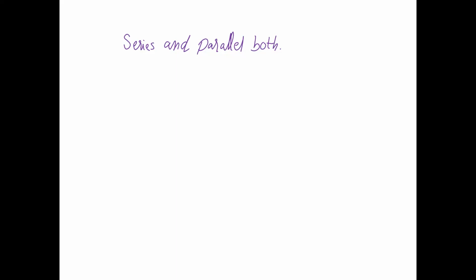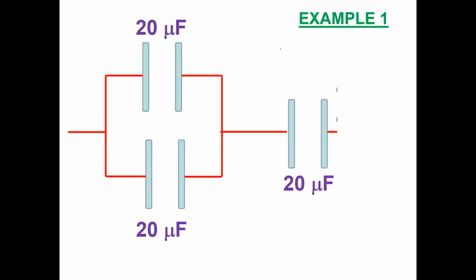Series and parallel both. Again, this is a very technical concept to understand. Majority of people do not understand why we go through all this headache of connecting resistors, capacitors, and power sources in series and parallel. Actually, power sources, resistors, capacitors are available in one single fixed value range.